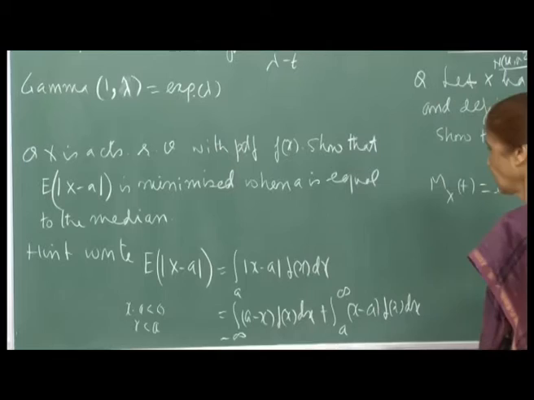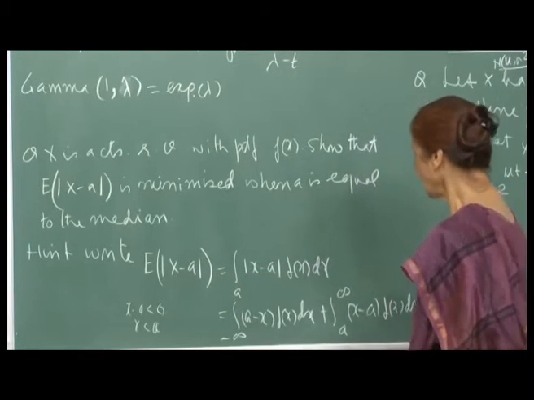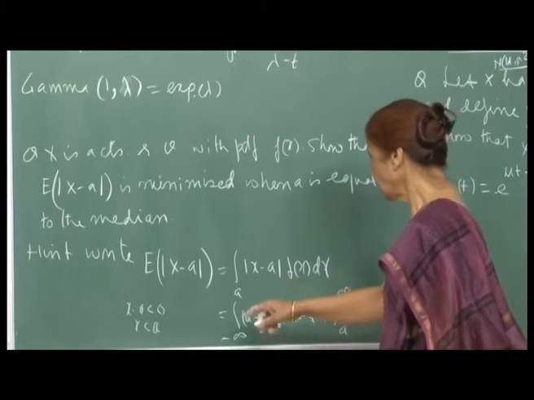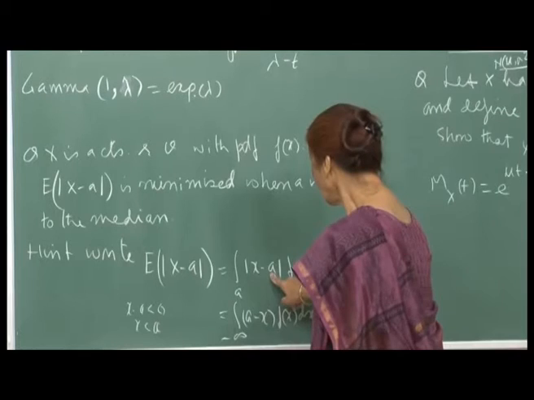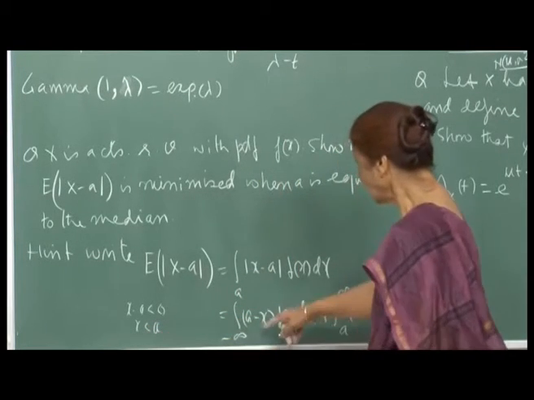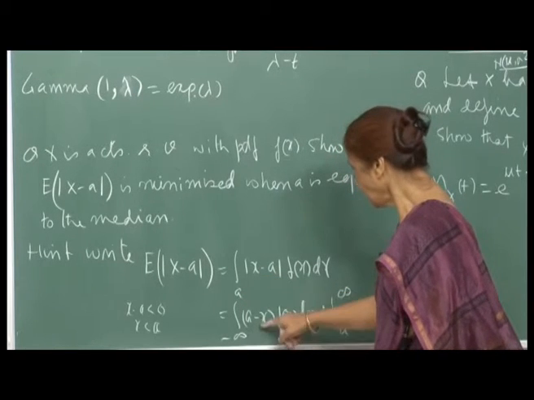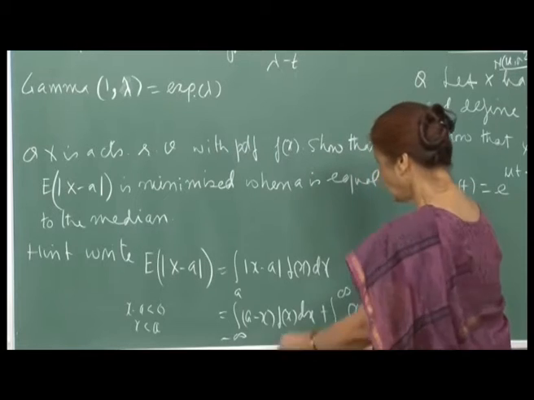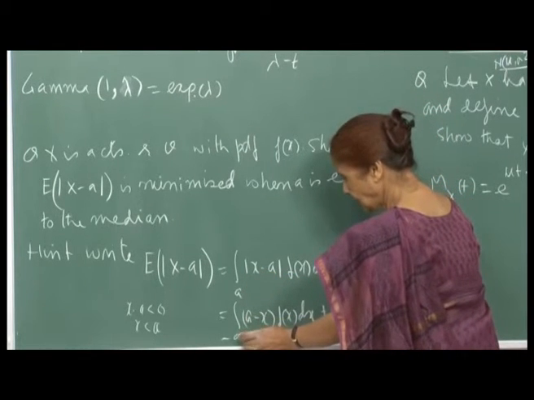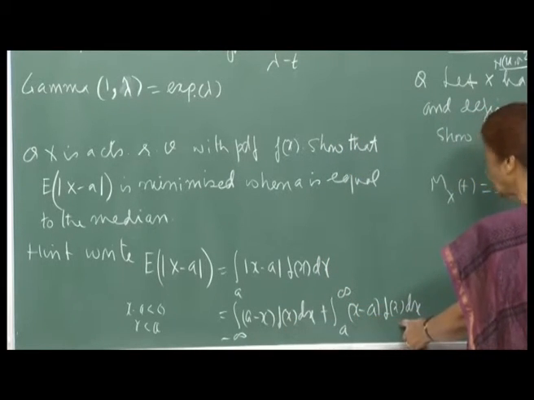Okay, now I will just give you a hint. The expectation of absolute x minus a would be the integral of absolute x minus a times f x dx, which you can split into x less than a and x greater than a. For x less than a, we integrate from minus infinity to a, and this will be a minus x times f x dx, because the integrand has to be non-negative. Then from a to infinity it will be x minus a times f x dx.